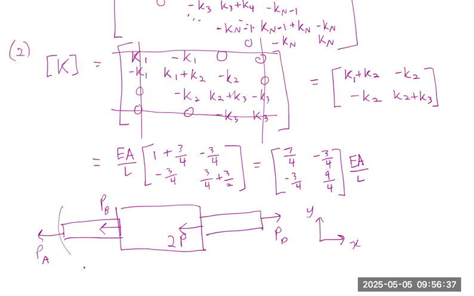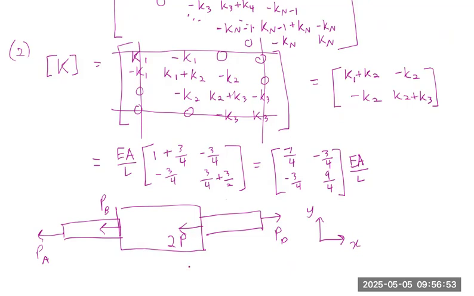And our system is considered to be this rod over here. So basically PA and PD are external reaction forces, and 2P is the external applied force.